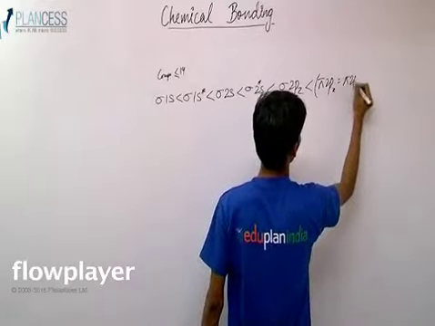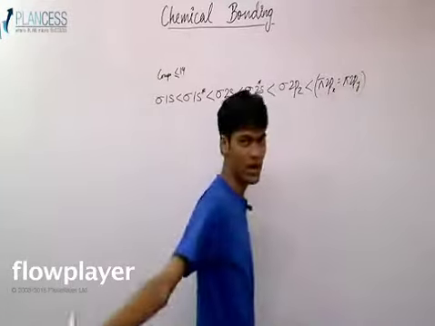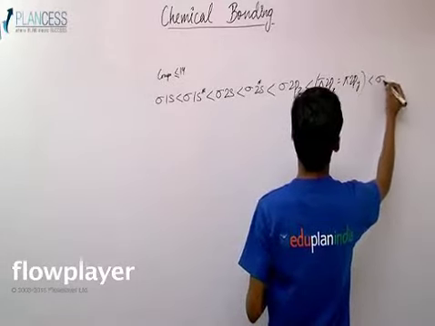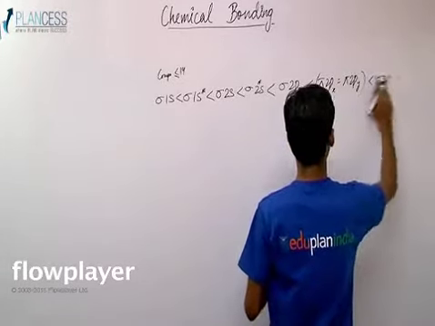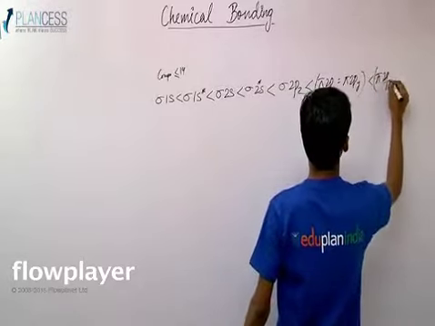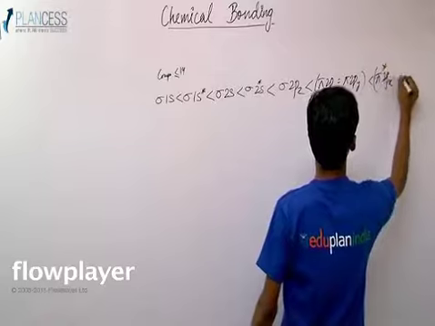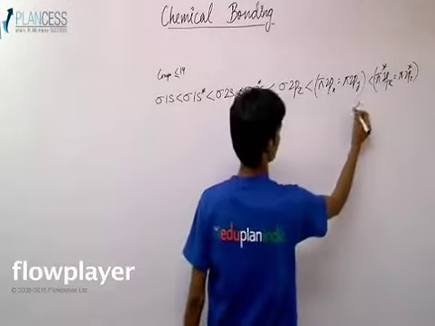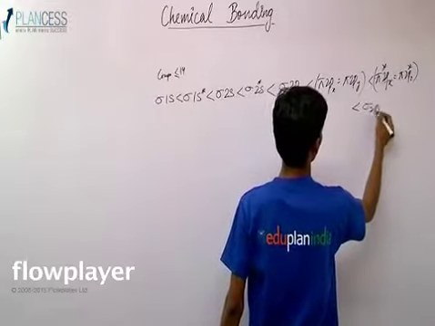and this is less than pi 2px star equals pi 2pz star, and this is subsequently less than sigma 2pz star.